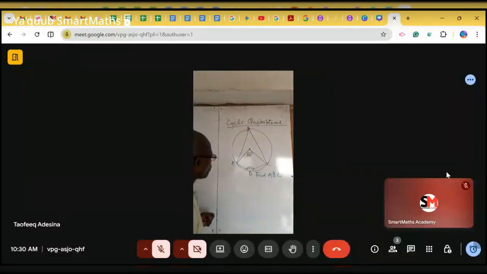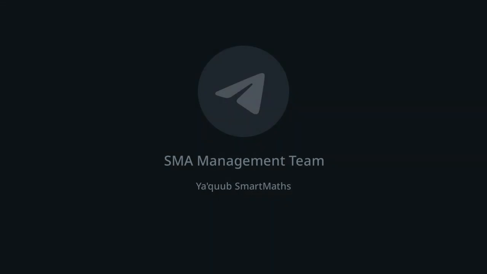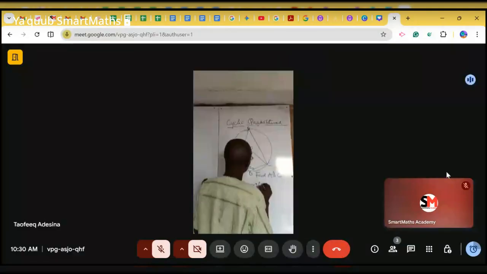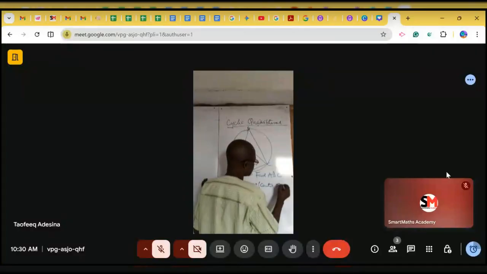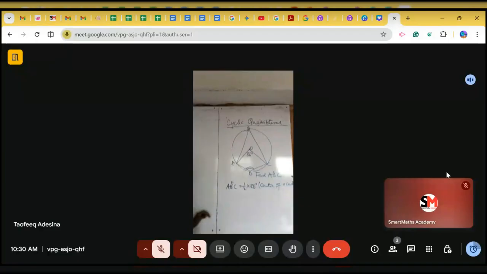So which angle will be half of the angle at the center? Is it ABC? ABC, very good. ABC is half times the angle at the center of the circle.